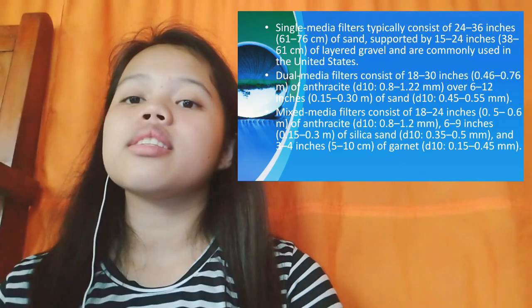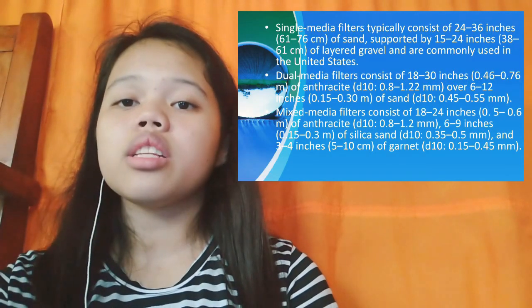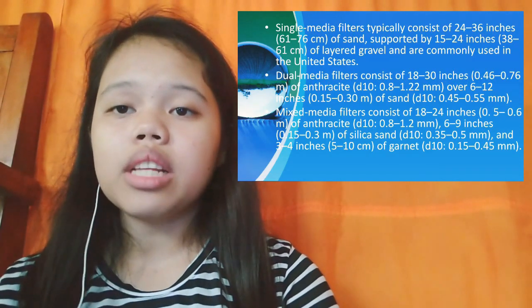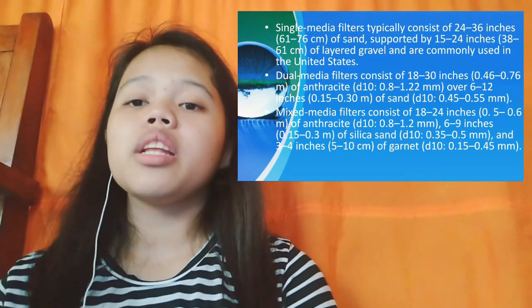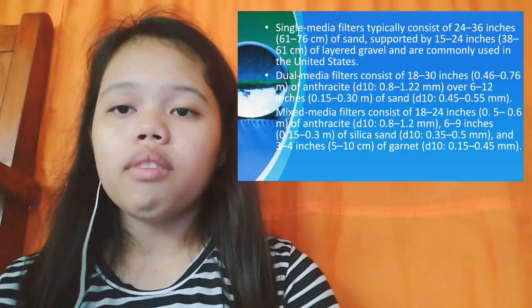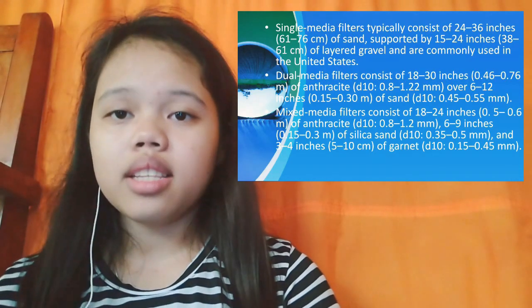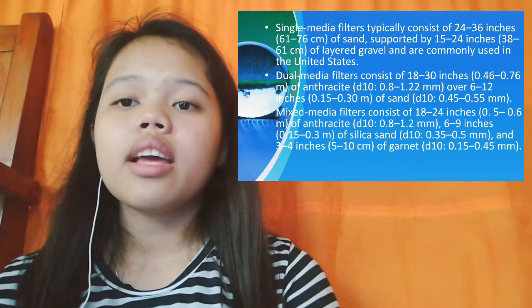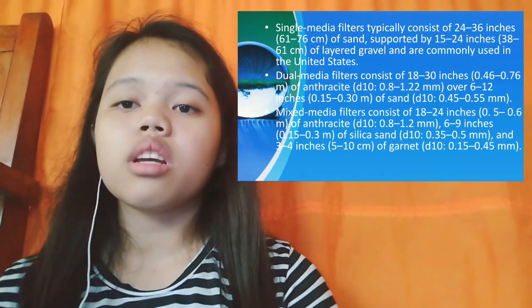Dual media filters consist of 18 to 30 inches of anthracite over 6 to 12 inches of sand. Mixed media filters consist of 18 to 24 inches of anthracite, 6 to 9 inches of silica sand, and 3 to 4 inches of garnet.